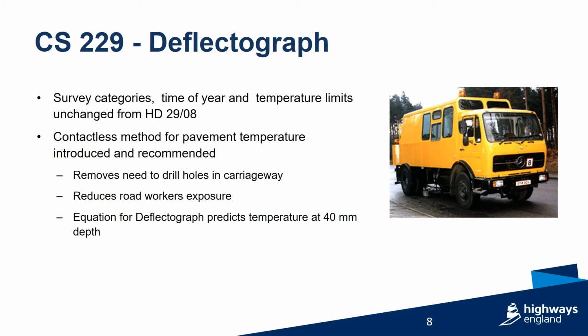This is recommended as it will speed up progress by removing the need to get out of the vehicle and drill holes in the carriageway. It reduces the exposure of road workers, and the deflectograph specific equation assesses the temperature at the 40mm depth. There is much more information about the deflectograph in Appendix A.